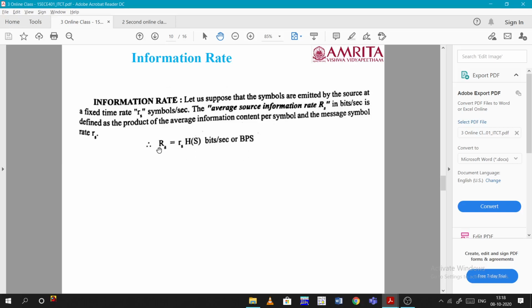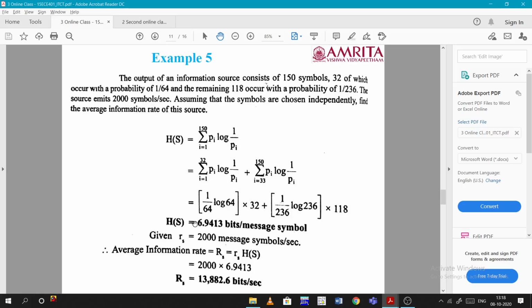This is how you need to find the information rate. You need to calculate H of S, and we know H of S and rs in this question. They have given rs as 2000 symbols per second, small rs. If it is symbols per second, it is small rs, and bits per second is capital RS. If you get confused by the statement, just look at the units.